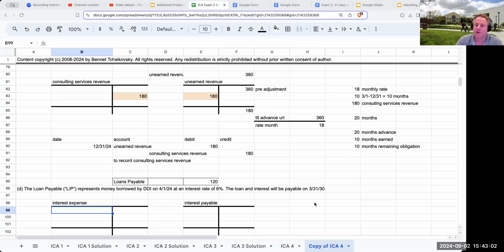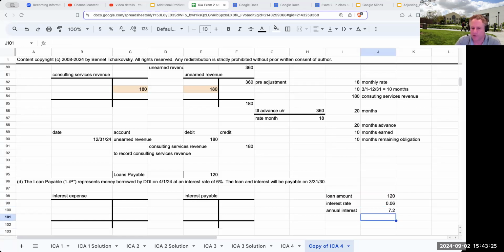Now, in terms of the amount of interest that I owe, the loan amount was 120. My interest rate was 6%. So my annual interest, whenever you see an interest rate, it is always an annual rate, is going to be 7,200.